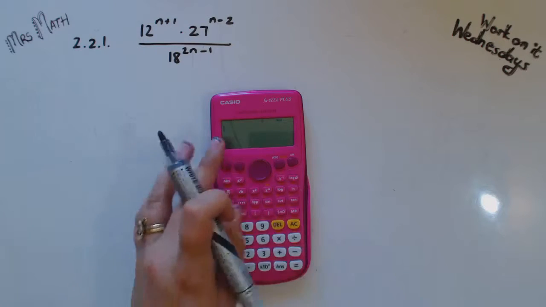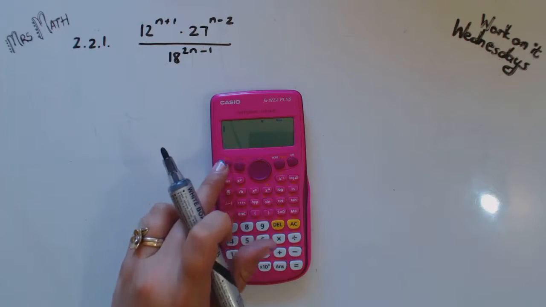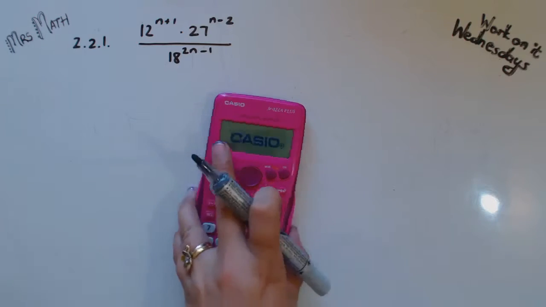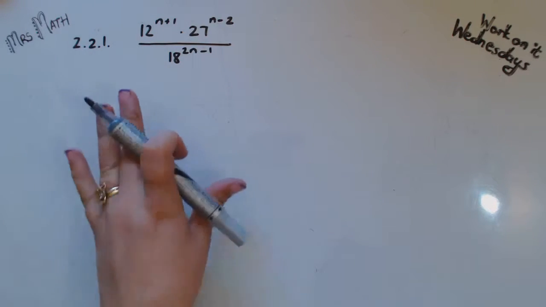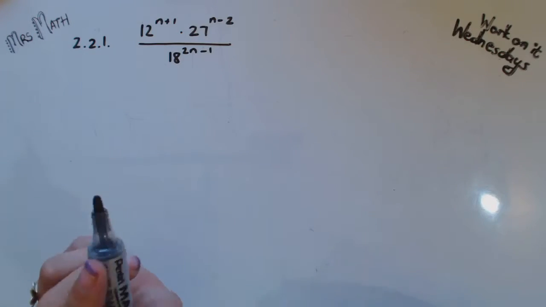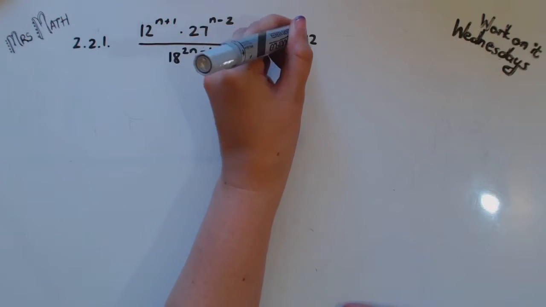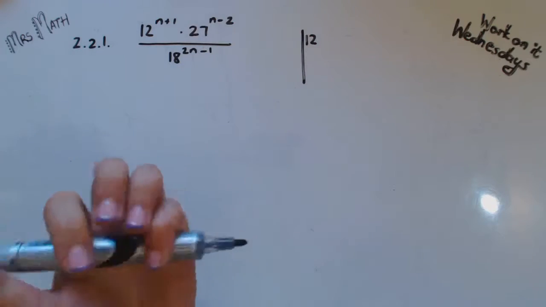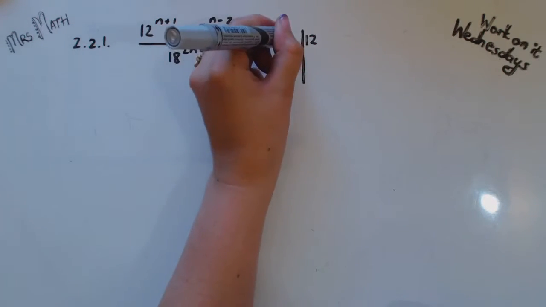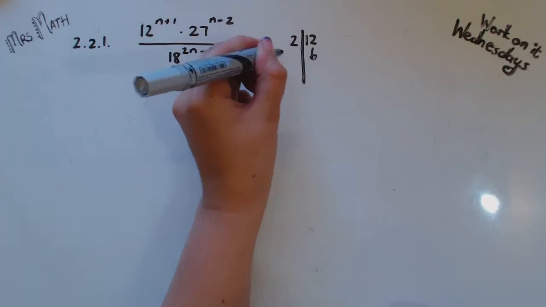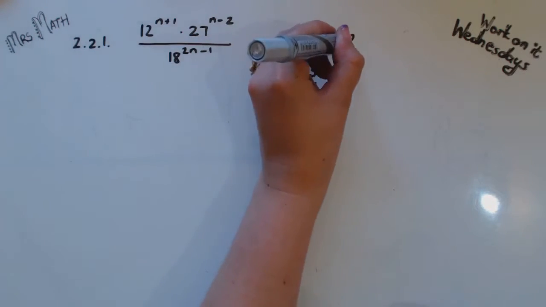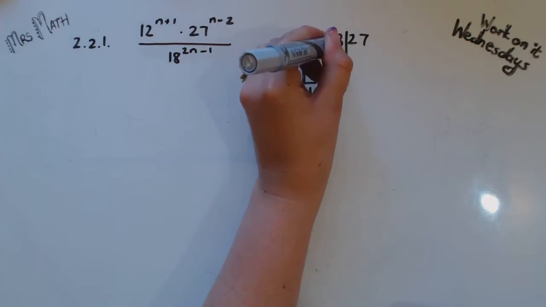Now, if you have this Casio brand calculator, you can do the shift fact to get the prime factor form. But since this question stated simplify without using a calculator, I'm going to really commit to doing this without the calculator today. Right, so I've got 12 divided by 2 divided by 2, it's 3 divided by 3, it's 1. 27, I'm going to do this all by hand now.